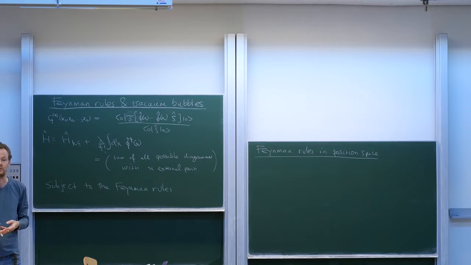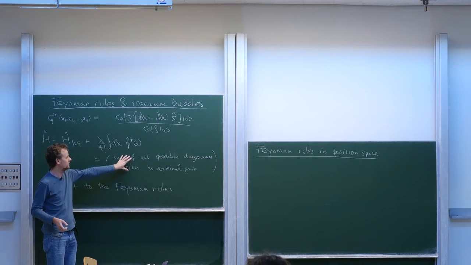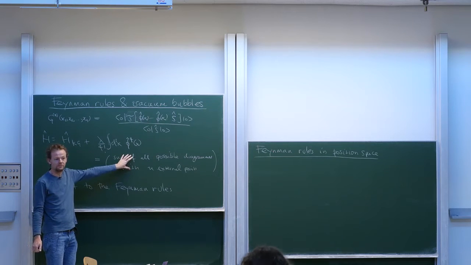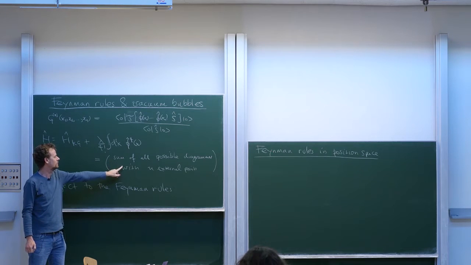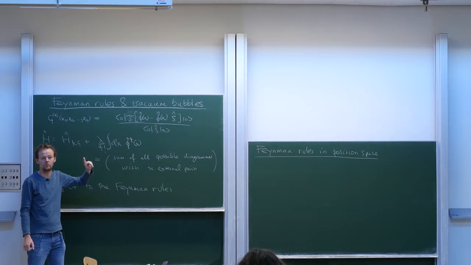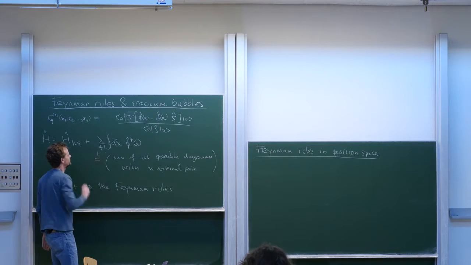So all we can say is that this is true in the very special case where n is 2, and we sum all diagrams with 2 external points and 1 vertex. We've checked that. That worked out. But beyond that, we haven't checked anything. So I'm going to put an exclamation mark there.